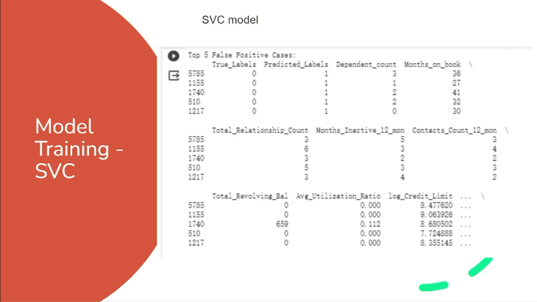These cases are affected by various customer features, including dependent count, months on book, total relationship count, and credit utilization. I think further investigation into these instances is essential for understanding the reasons behind these misclassifications if we want to improve the model.